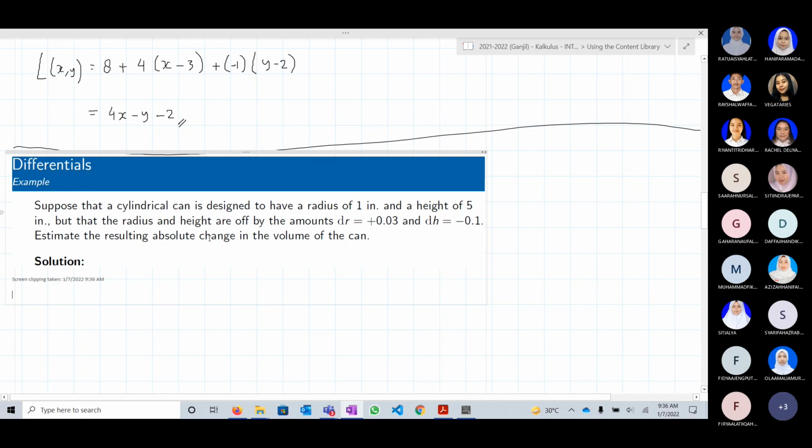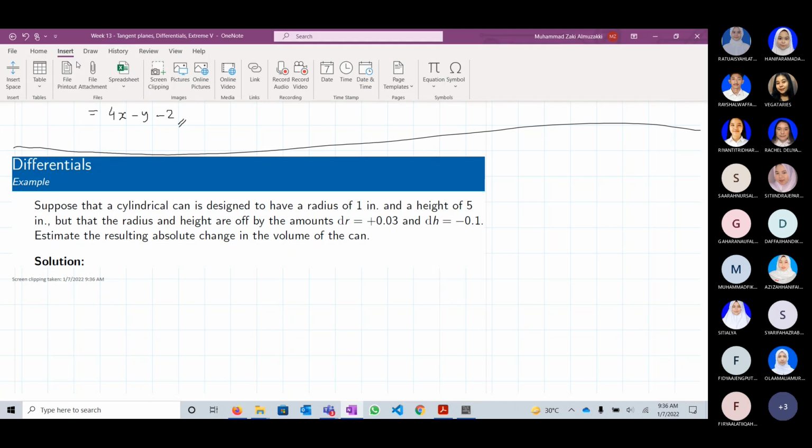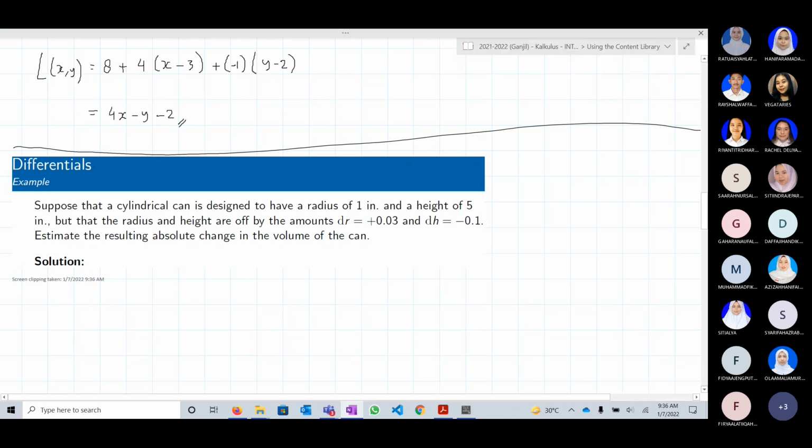But that the radius and height are off by the amounts of dr, which is plus 0,03, and dh is minus 0,1. So we are asked to estimate the resulting absolute change in the volume of the can. So to estimate the change, basically first we need to write the formula for a volume of a cylindrical can, which is V equals to PR squared H.